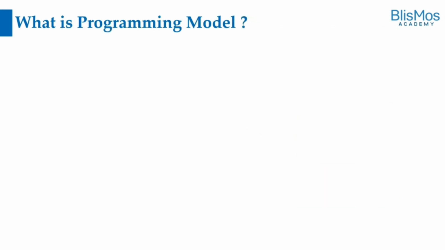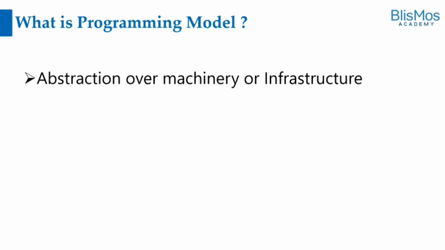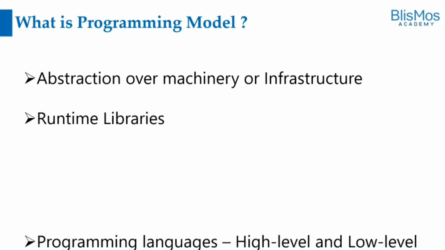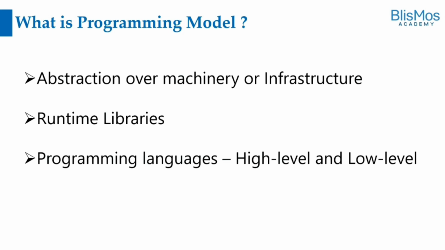What is a programming model then? It's a very generic term. Can you think of what a programming model is? A programming model is an abstraction over a machinery or infrastructure which has runtime libraries, coded in a high level programming language, and it will also have a low level programming language, because we will not be able to talk to the machinery directly.